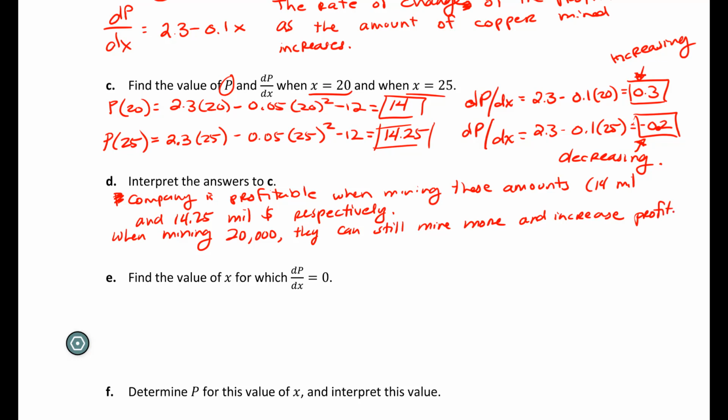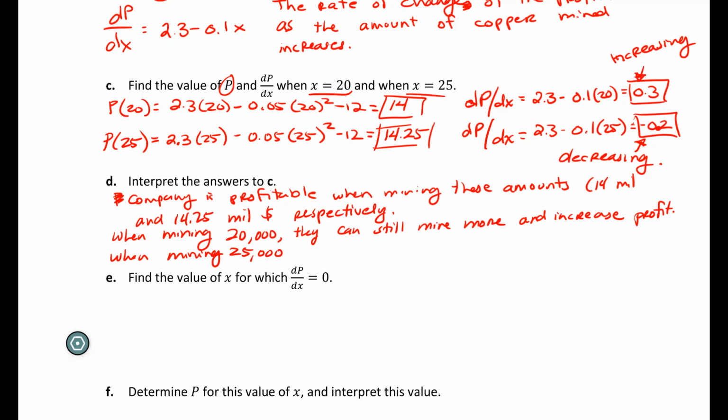Well, this is actually something that is very common in business, and this has a huge financial application, is that you're not just always going to be making more product and selling more product and then selling more product. Eventually you'll have a point where you've maximized your profit, and that's exactly where we see where the rate of change function really is important to us, because now what happened when we mined 25,000 tons?